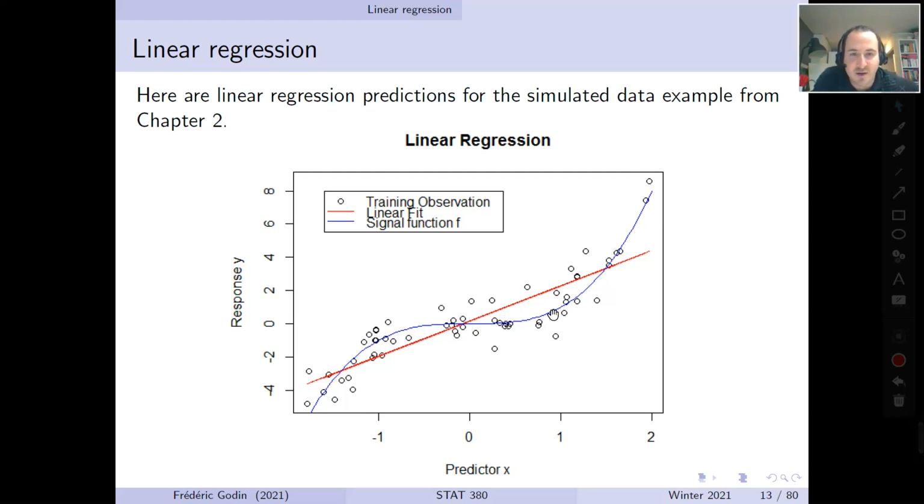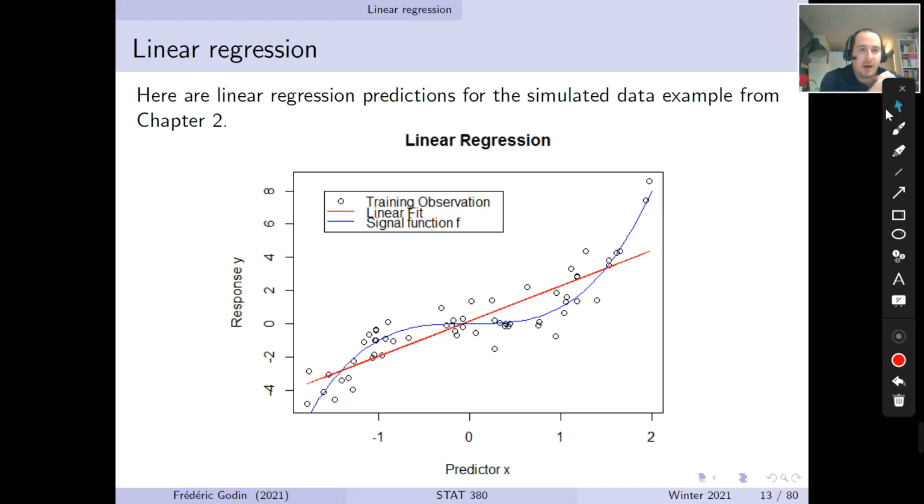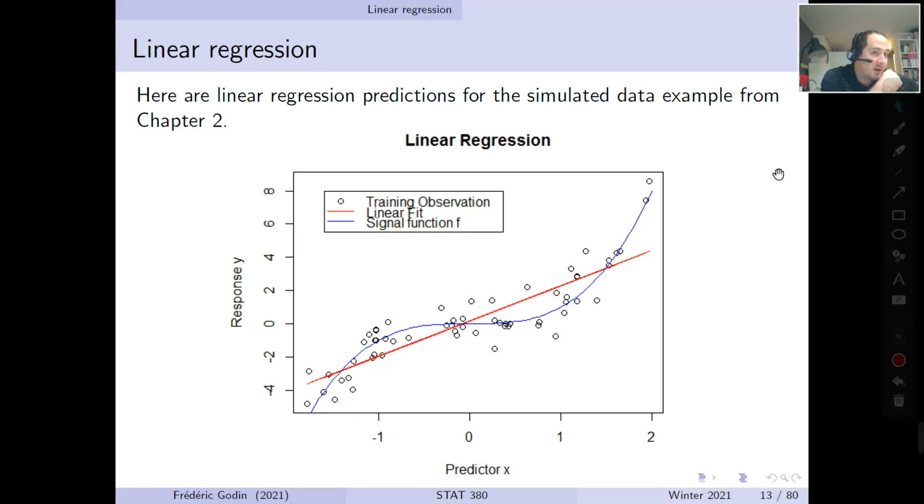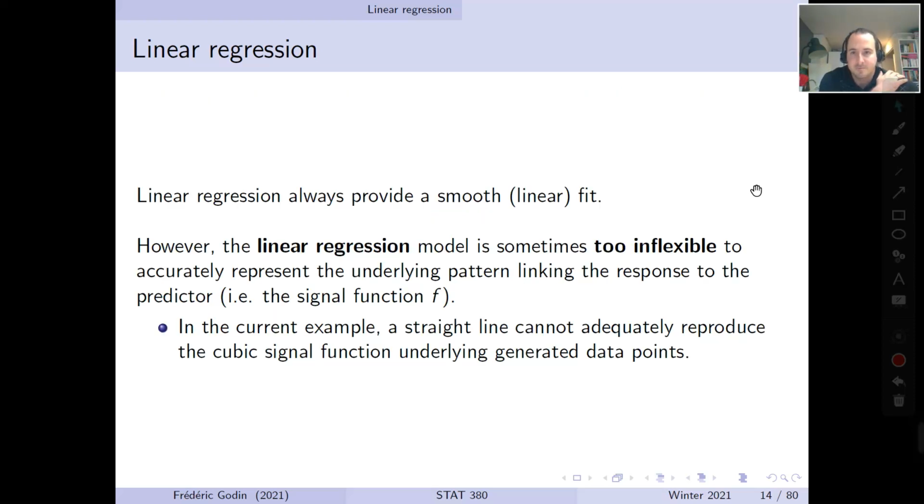Fitting a straight line to this might provide inaccurate results, especially at the endpoints of the predictor space, where we can see there's underreaction to this curvature. So pure linear regression might work for some problems, but when there are nonlinear relationships, it might fail to produce accurate results.